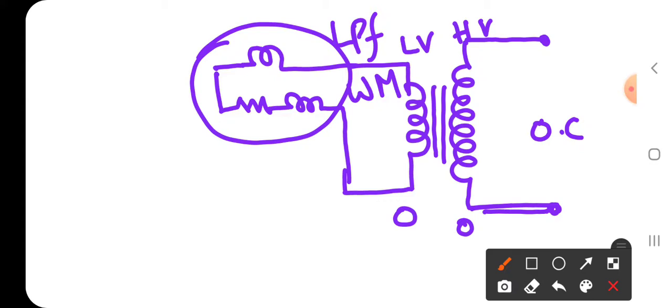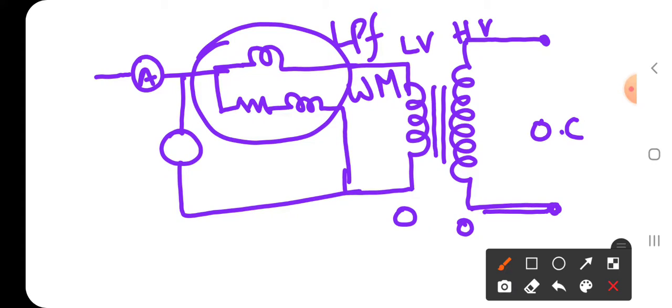The ammeter is connected in series and the voltmeter is connected in parallel. The main purpose of this ammeter is to find the no load current, so it is I0, and this is V0, the no load voltage.